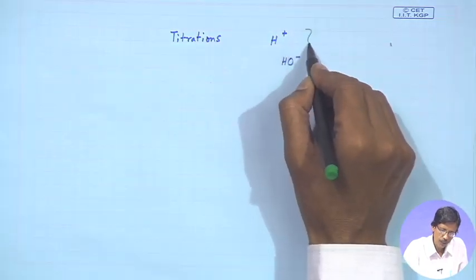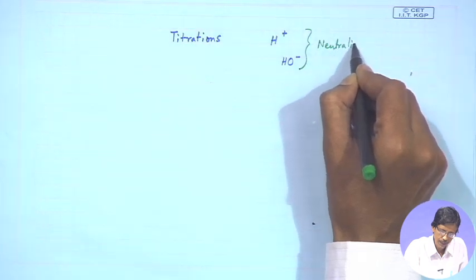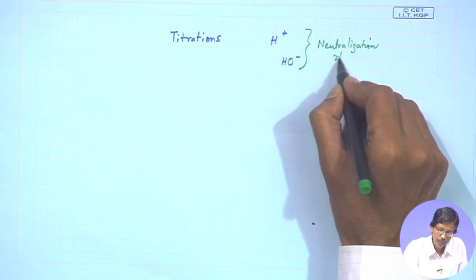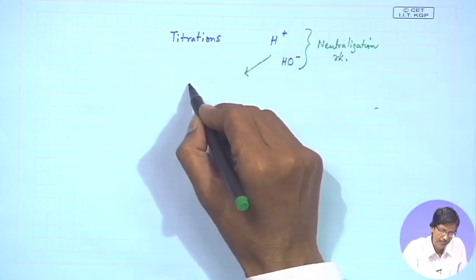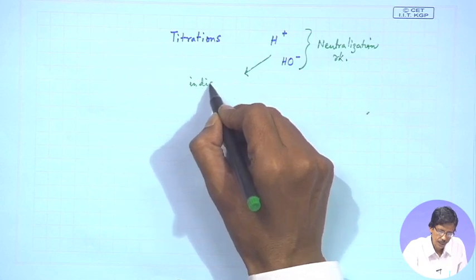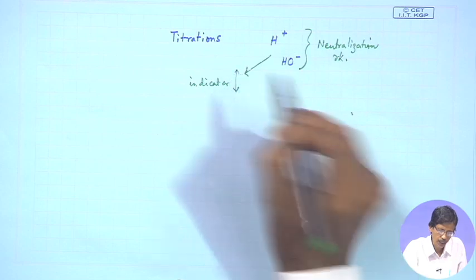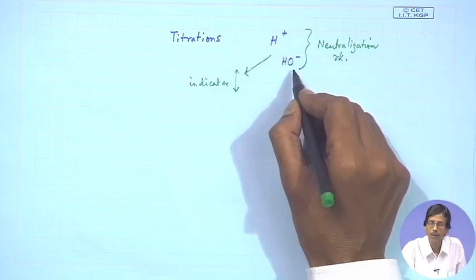So, when we get this particular neutralization reaction, what we try to monitor from there is that we basically add some indicator, and that indicator will change its color. One is in the acidic form and the other will be in the basic form.